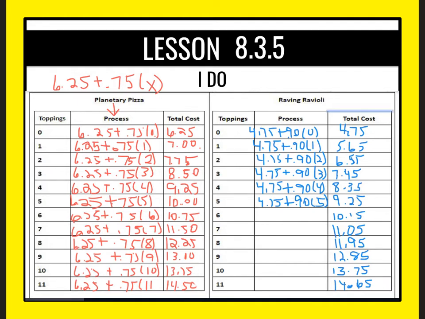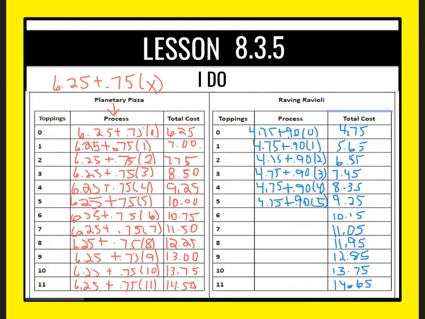At 9 toppings, it was $13, and $13.75 after 10 toppings and $14.50 after 11 toppings. Sometimes it's hard to write this, so let me correct that so you can see.